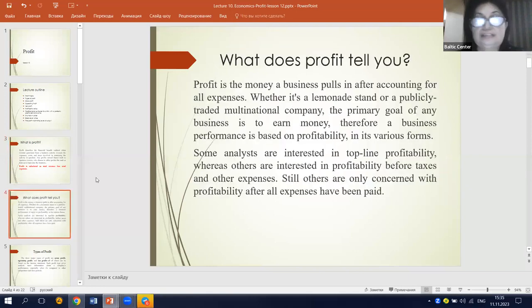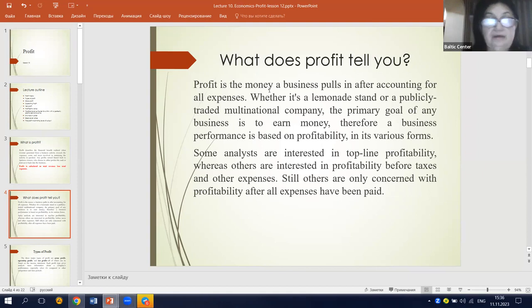Okay. What does profit tell you? Profit is the money a business pulls in after accounting for all expenses. Whether it's a lemonade stand or a publicly traded multinational company, the primary goal of any business is to earn money. Therefore, business performance is based on profitability in its various forms.